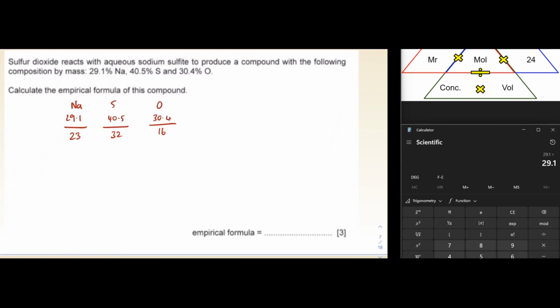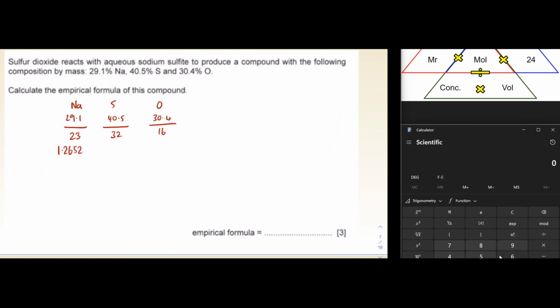29.1 divided by 23 gives us 1.2652. Try and keep as many decimal places as you possibly can here. Only round at the end of the empirical formula stage because you don't want a rounding error.